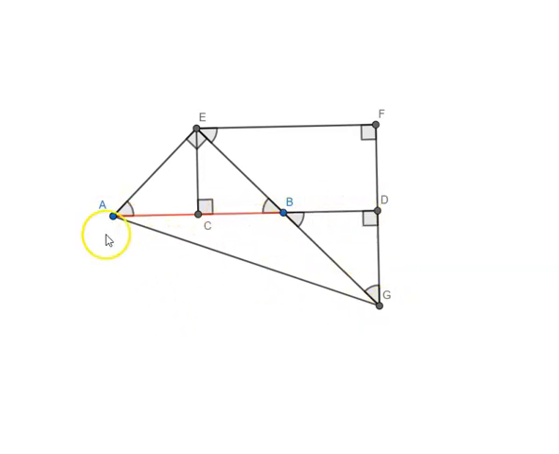Now let's look at AEG. AE square plus EG square equal to AG square. But AE square is 2 times AC square and EG square is equal to 2 times CD square. So here we have AG square is equal to AE square plus EG square, because this is right angle.